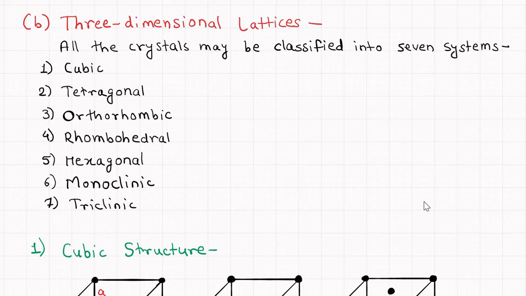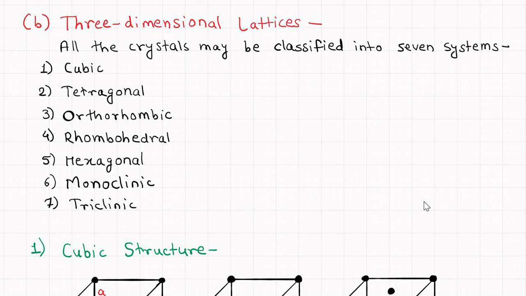Then, the next type is 3-dimensional lattices. 14 different networks of lattices can be generated in 3-dimensional space by repeated translation of 3 non-coplanar vectors, vector A, vector B and vector C. These 14 Bravais lattice types are grouped into 7 types of conventional unit cell.